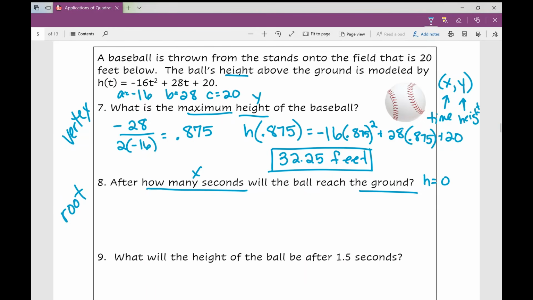I need to plug in 0 for h, and I'm going to use the quadratic formula to solve.